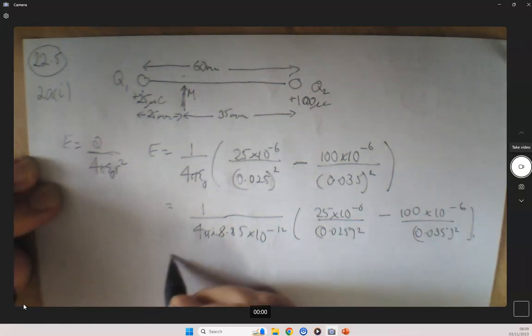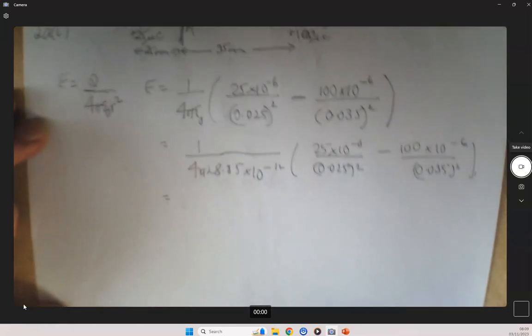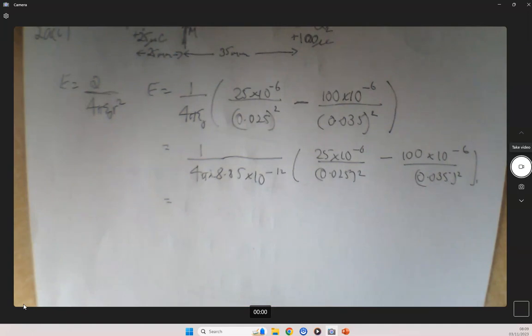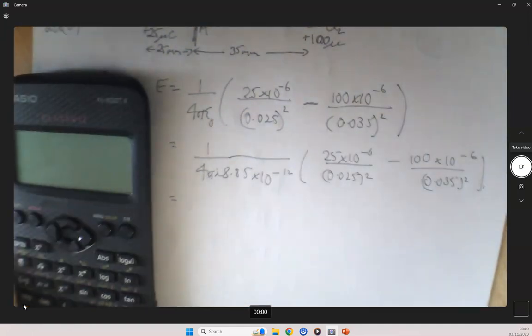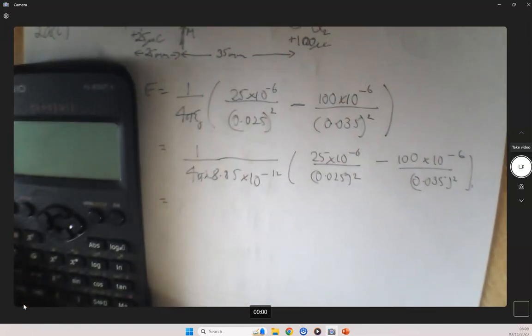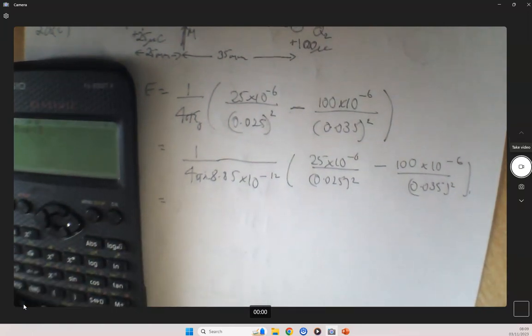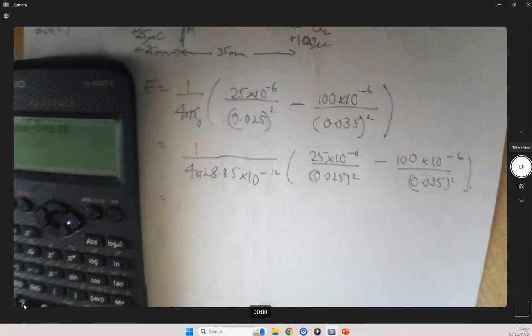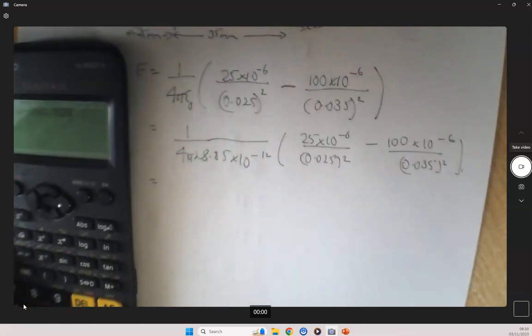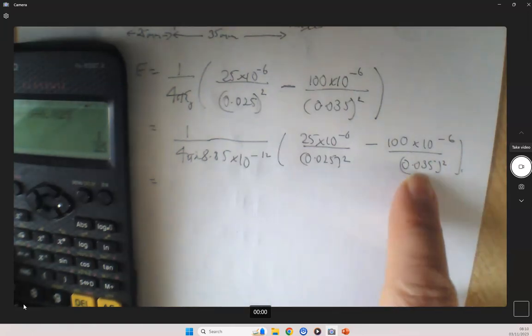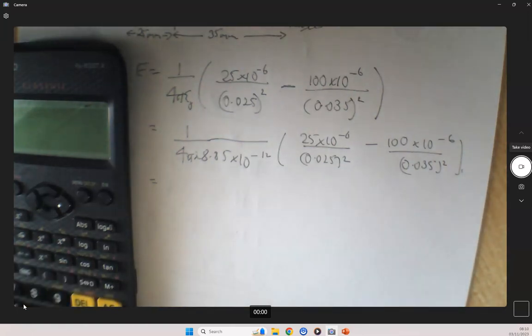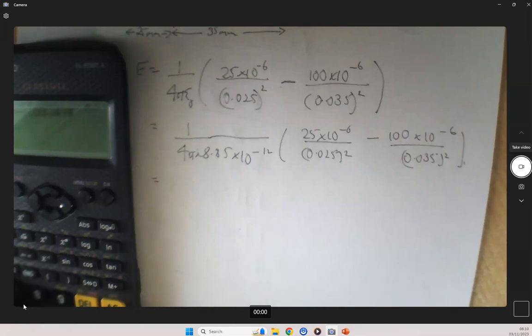And what I've got to do then is just basically plug numbers into the calculator. So here goes. Grab the calculator. I've got 25e to the minus 6 divided by 0.025 squared. And then I've got to subtract that term, so minus 100e to the minus 6 divided by 0.035 squared.